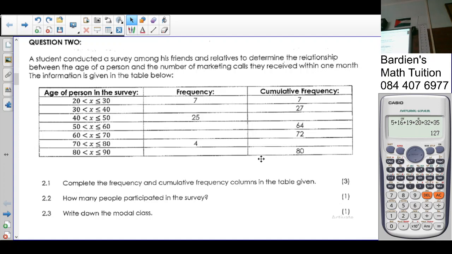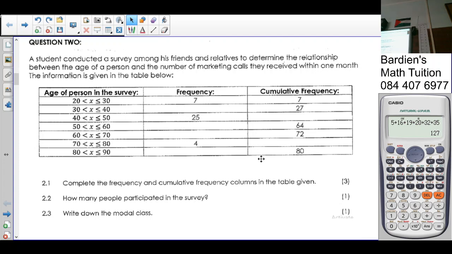Marketing calls they received within 1 month. The information in the table is shocking. You'll see now. So the age of the person in the survey, they were categorized from 20 to 30, 30 to 40, 40 to 50 and so on.